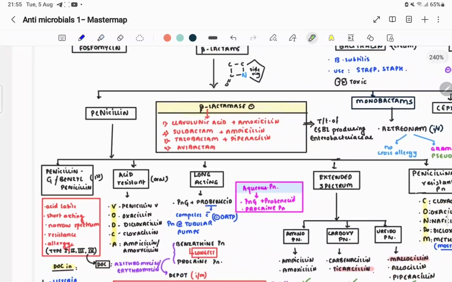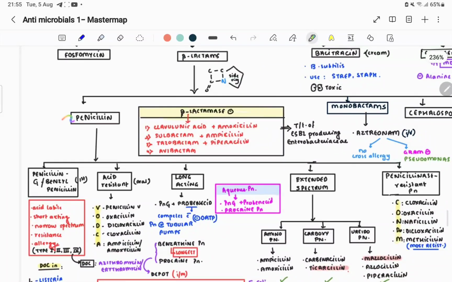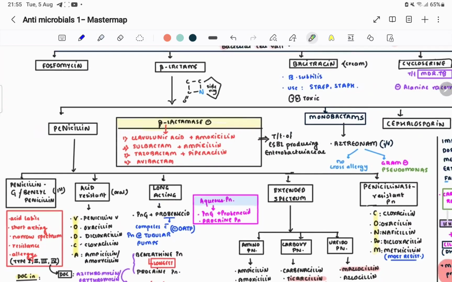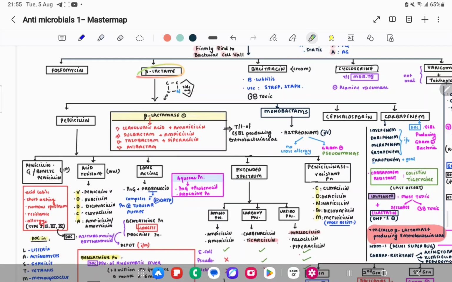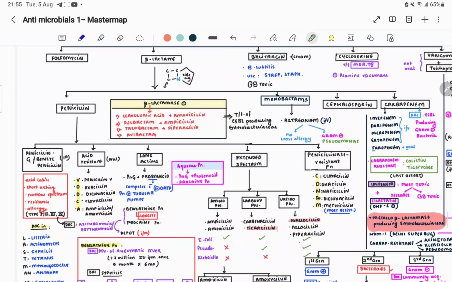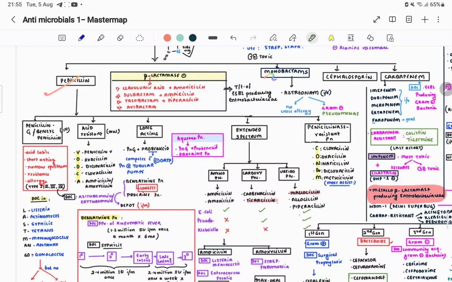So one of the most important beta lactams is penicillin. Beta lactam antibiotics you can classify in 4 groups: penicillin, monobactam, cephalosporin, carbapenem.